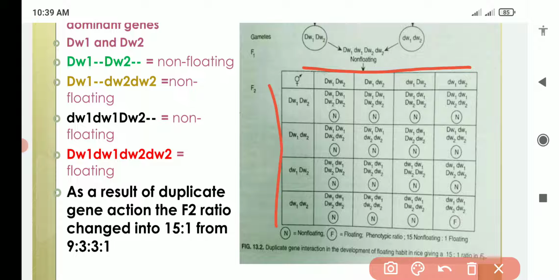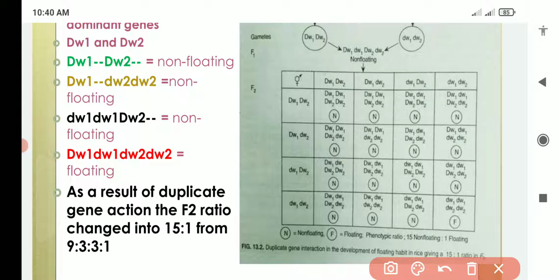So we will see that when the first female gamete crosses with the first male gamete, a non-floating type of plant will be observed. Why? Because both capital DW1 and capital DW2 are present there. When this crosses with this, again non-floating. Whenever a dominant allele is present, it will show non-floating habit, because both genes give the same phenotype.